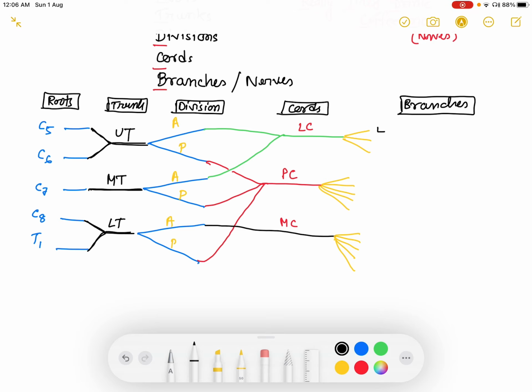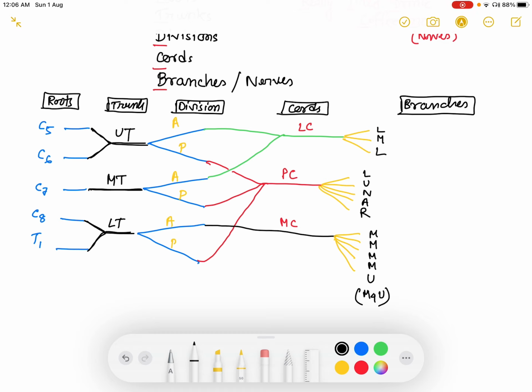For the lateral cord, the mnemonic is LML. For the posterior cord, the mnemonic is LUNAR. And for the medial cord, the mnemonic is M4U.